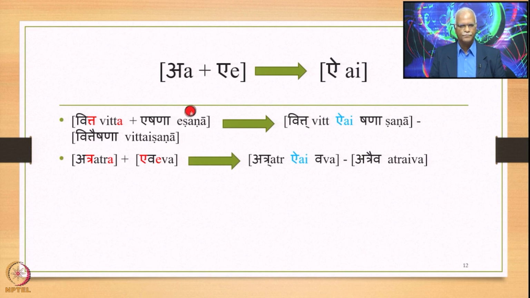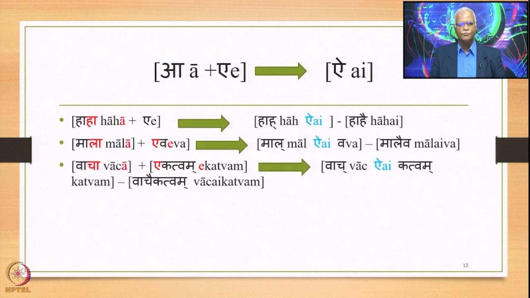This is a compound. Now when we take atra plus eva, where atra is a separate pada, eva is another separate pada. So we have A coming at the end of this first pada and E coming at the beginning of this second pada, and so now 6188 applies and we get the output atr, AI and va. When we join them together, we get atraiva. Next we move towards A plus E being the input, 6188 applies and the output generated is AI.